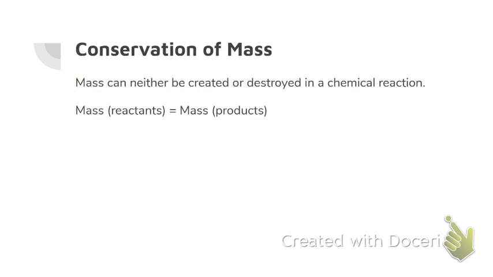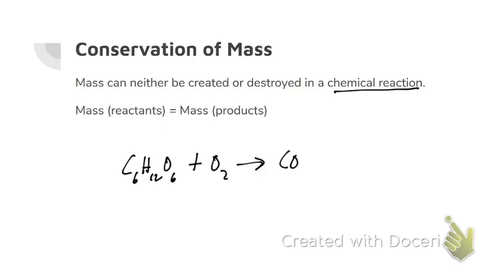And then lastly, a chemical change can be represented by a chemical equation. In a chemical equation or chemical reaction, the mass cannot be created or destroyed. In biology, you learn respiration: if you took glucose plus oxygen, you would form carbon dioxide and water.